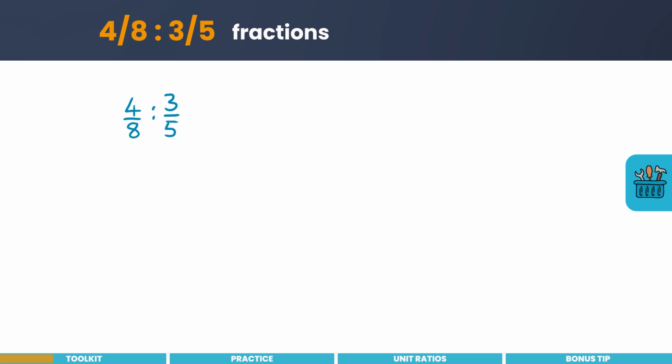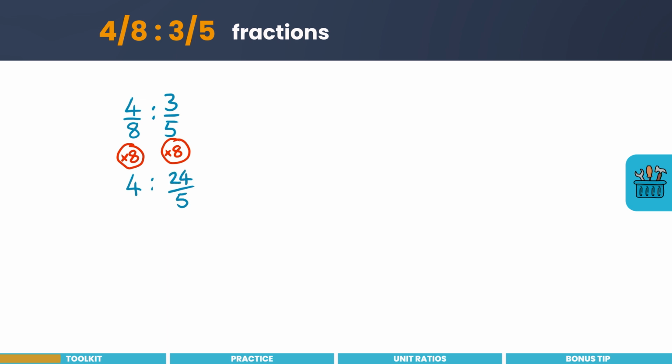To get rid of the first denominator, we need to multiply both sides of the ratio by that denominator. So let's multiply both sides by 8. On this side, we'll just have 8 times 4 over 8, which is just 4. On the right side, we'll have 8 times 3 over 5, which is 24 over 5.